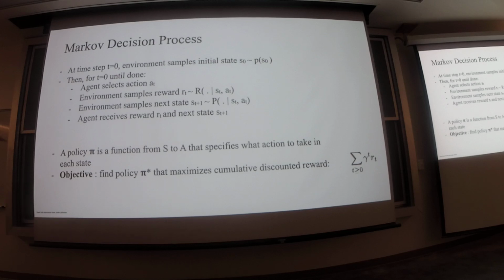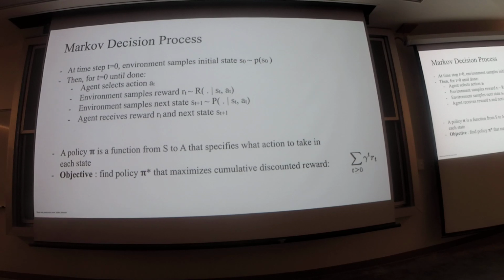Let me just go through this slide and then ask a question again if things aren't clear, which probably. So at time step t equals 0, at the beginning, we sample some initial state. So think about the hide and seek game. This is just like where all the agents are, the hiders and the seekers, and all the structures. And then as we go forward in time, an agent selects its action from this policy.